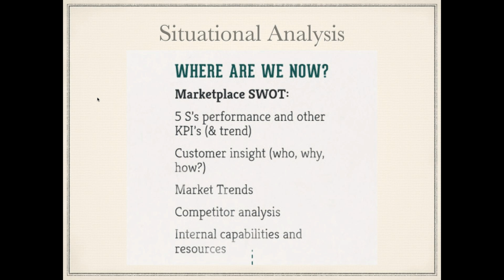KPI stands for key performance indicators. The 5 S's are like the sell, the sizzle, the service, and these are the things that go into how you are performing in the marketplace now. Customer insight: who, why, how. Market trends, competitor analysis, internal capabilities and resources. Do we have an internal problem?